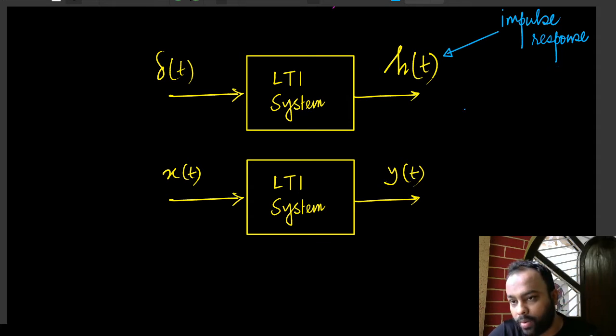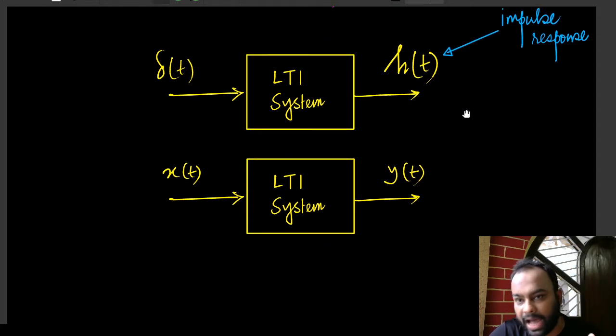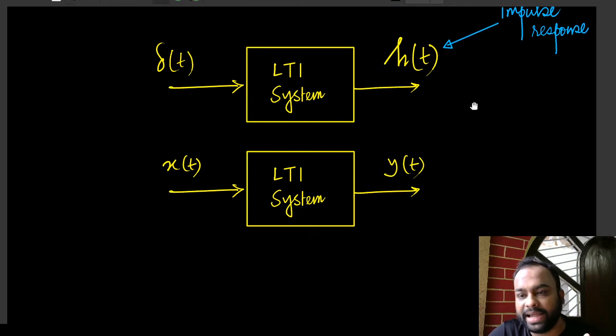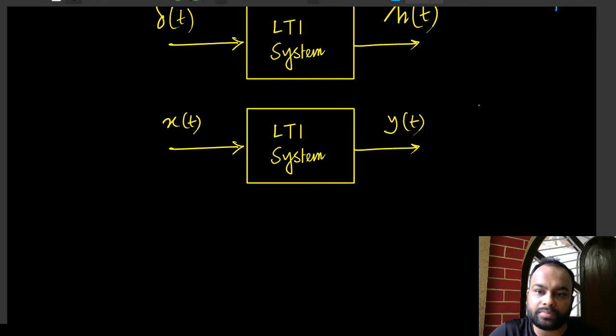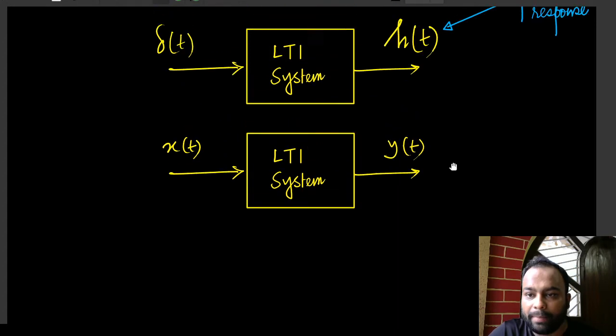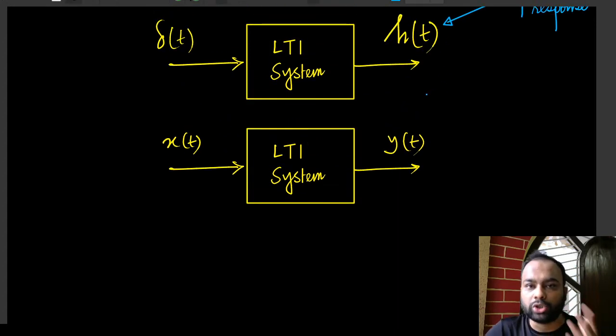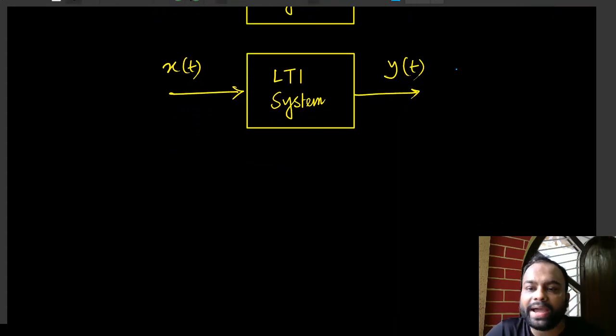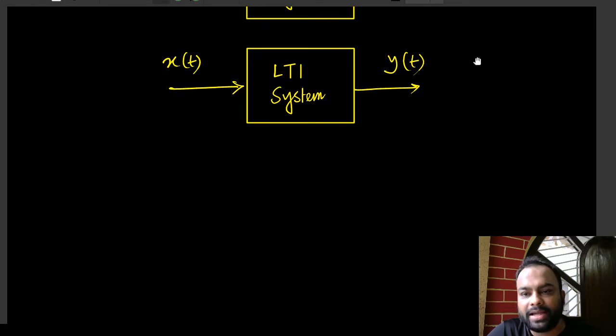That's how amazing things are if the systems are linear time invariant. I will show you an example, don't worry. If the impulse response is known to us, then we can use mathematics and calculate the response of the system to any input.